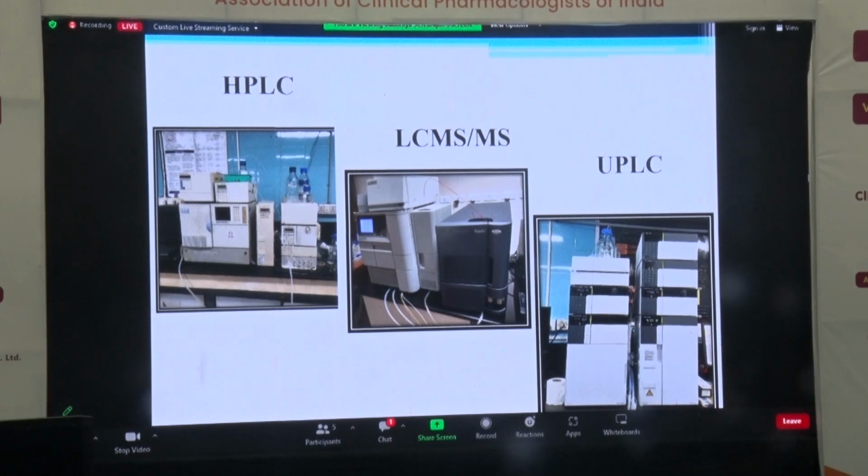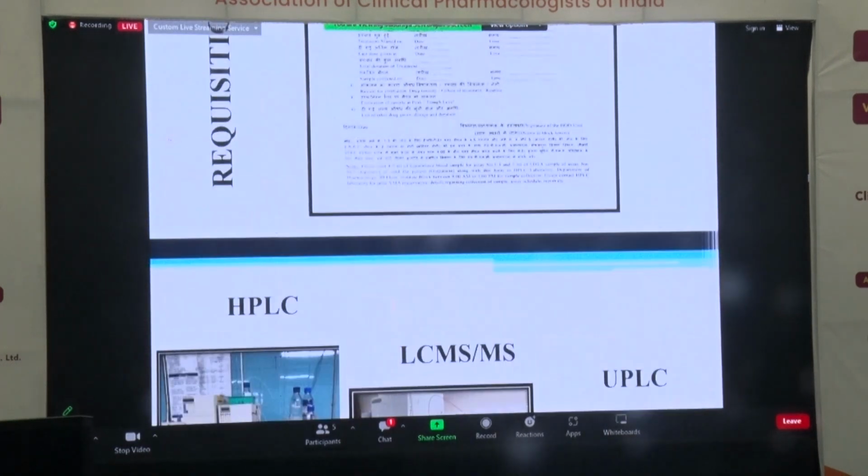As I already said, depending on our feasibility and availability of the equipment, we can choose any of them. Or if we can't spend so much money, we also have small multi-drug analyzers, where we can do a few samples using kits for saving time as well as money.